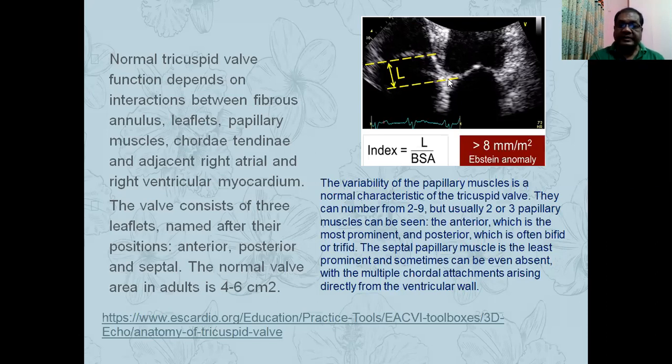So you see that the septal leaflet is somewhat displaced towards the apical side of the right ventricle in comparison to other leaflets like the anterior or posterior leaflet. But if the displacement is more than 8 millimeter per square meter of the body surface area, then it gives a very high likelihood of presence of Ebstein anomaly.